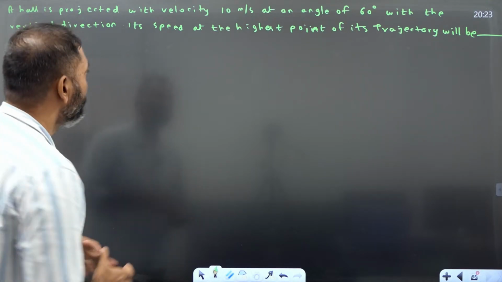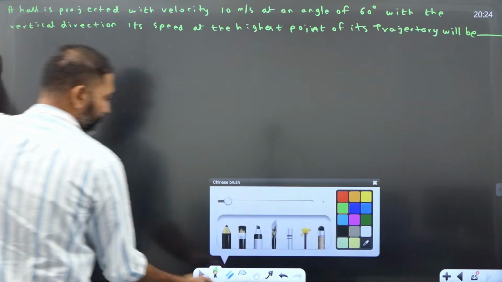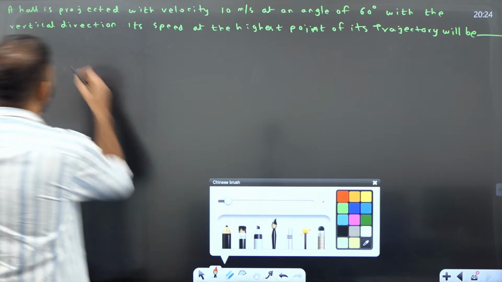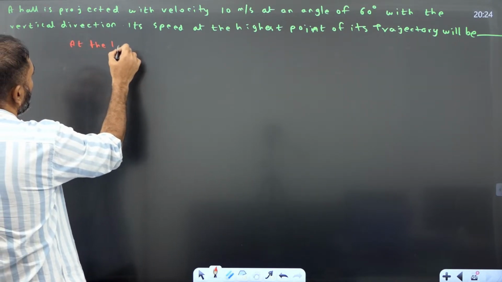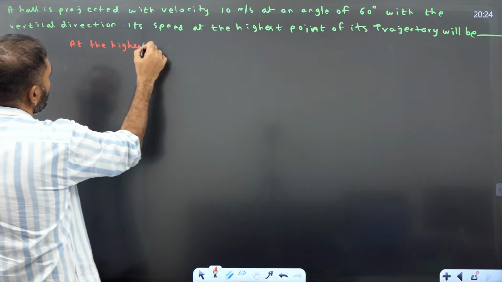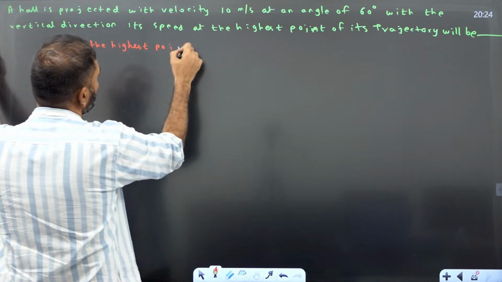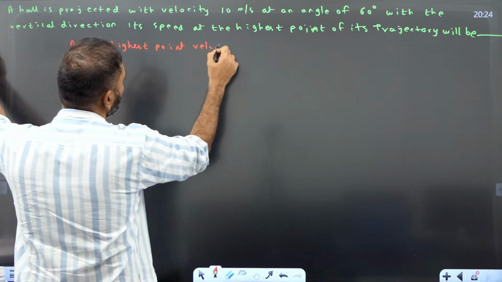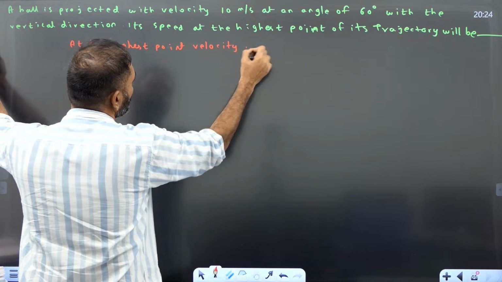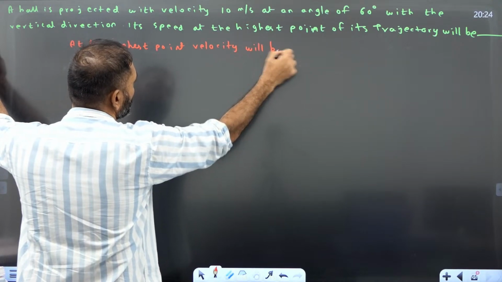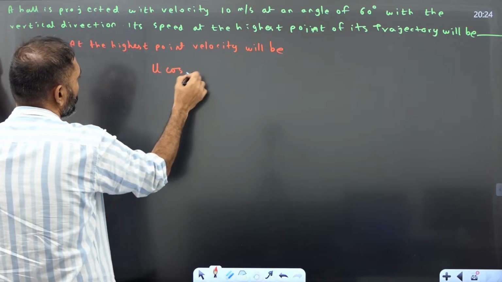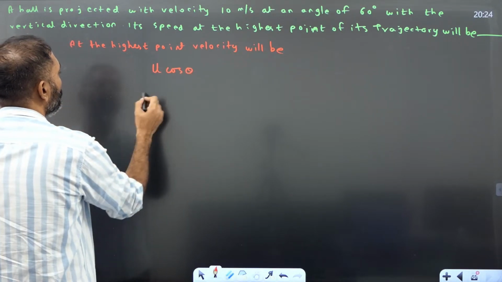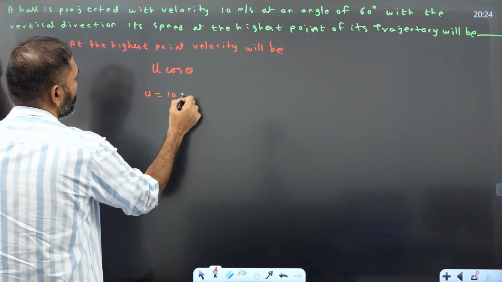5√3. Very good. I think it is the right answer. At the highest point, what happens? Velocity will be u cos theta. What is u here? 10 meter per second.